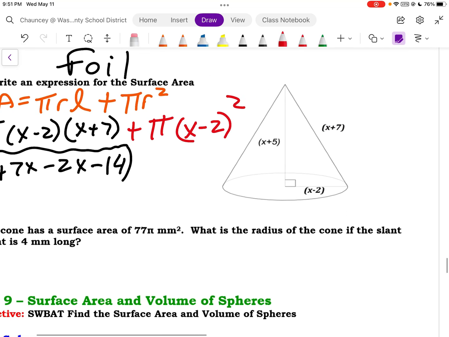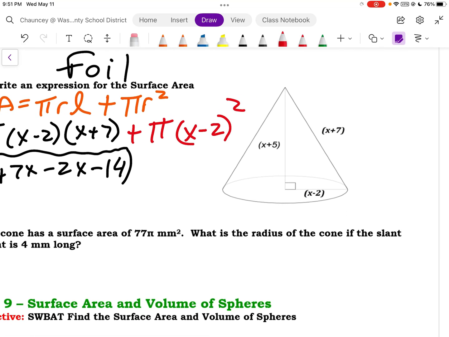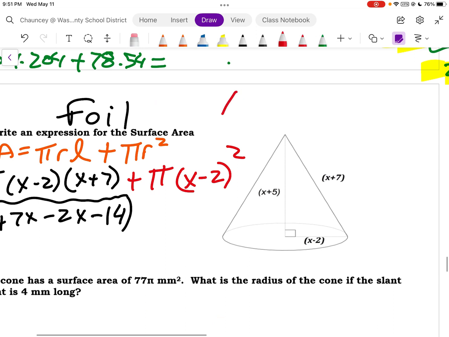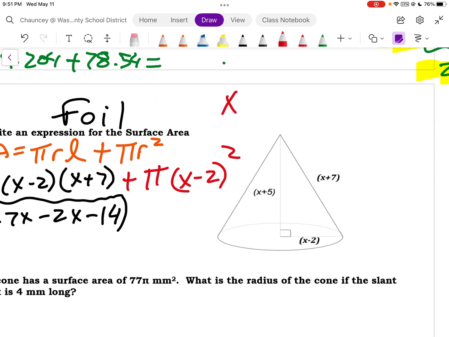All right, now let's deal with the area of our circle. So if we expand that out, I'm going to do it up top here. We have x minus 2 times x minus 2. Again, first, outer, inner, last. X times x, x squared. X times negative 2, minus 2x.